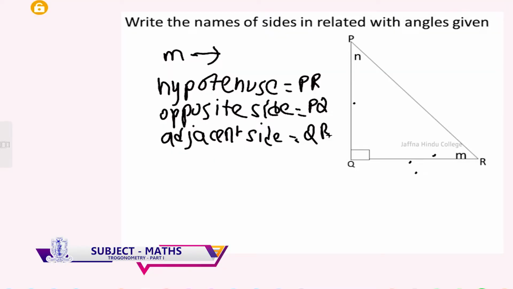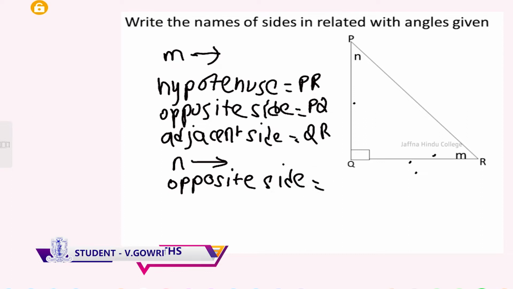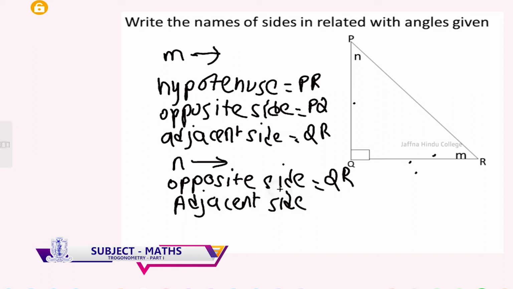The hypotenuse is always the same, so we need not write it again. The opposite side is QR, and the adjacent side, that is the closest side, is PQ. Let's move to the next.